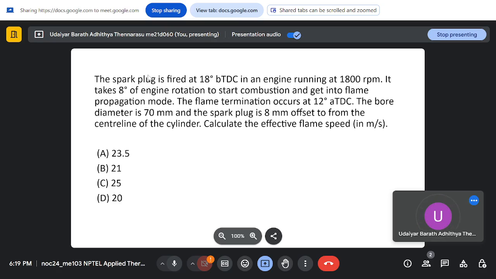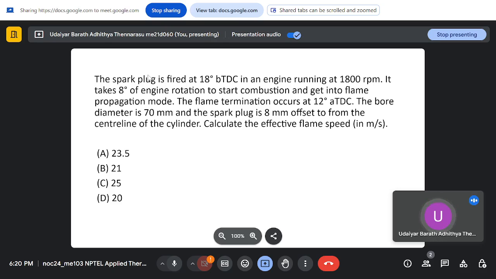From 10 degrees before top dead center to 12 degrees after top dead center, that is 22 degrees of rotation, is what it takes for the flame to fully reach and go into flame termination.